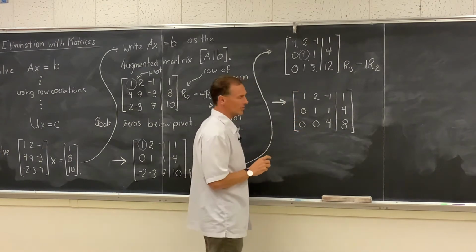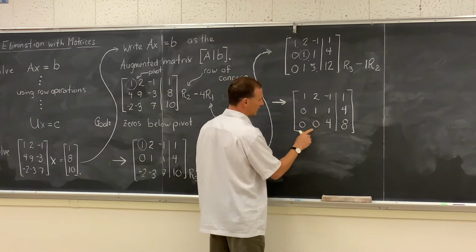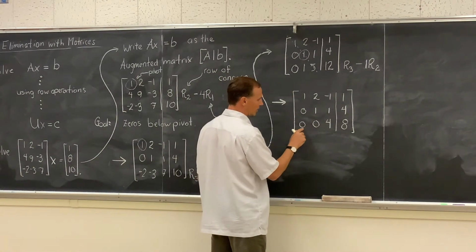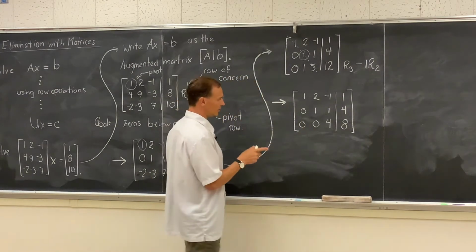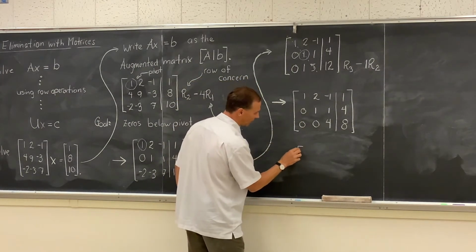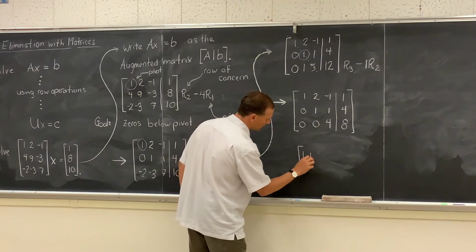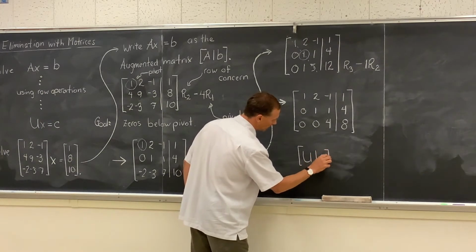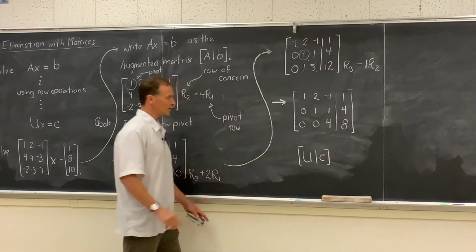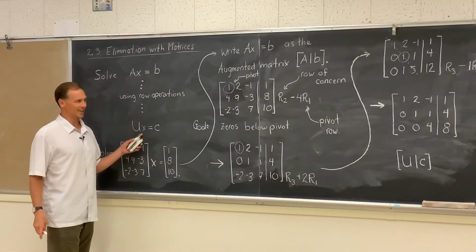Oh, look at this. Here's our diagonal, 1, 1, 4. We have zeros in all the positions below the diagonal. We're done. This is the augmented matrix now of U, C. That's the augmented matrix for UC. The UC that we were talking about all the way over here.